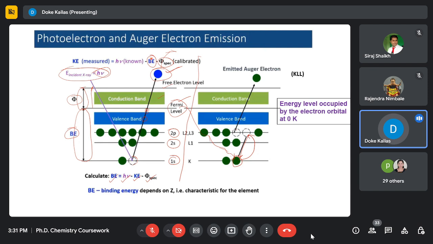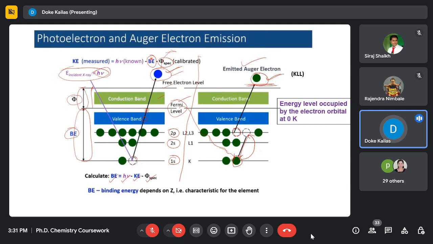That spectroscopy is called Auger electron spectroscopy, and we can measure the kinetic energy of this Auger electron. The kinetic energy of the Auger electron is definitely less than that of the photoelectrons. Sometimes it may be greater than the photoelectrons, varying from system to system.